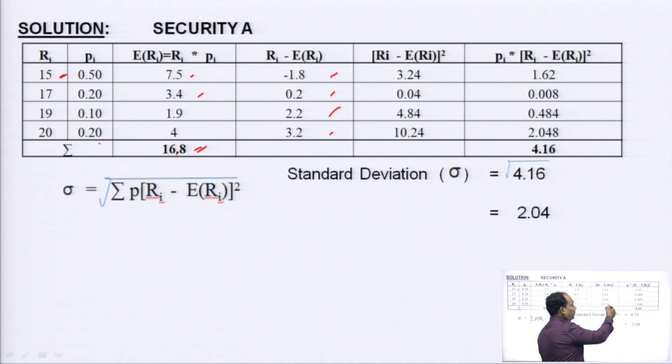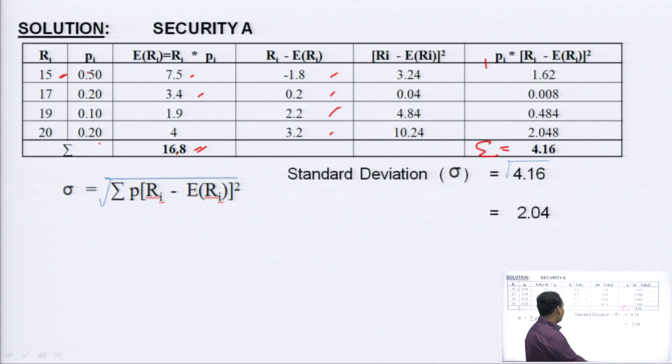We multiply the squared deviations with the given probabilities, and the total of these figures is 4.16.